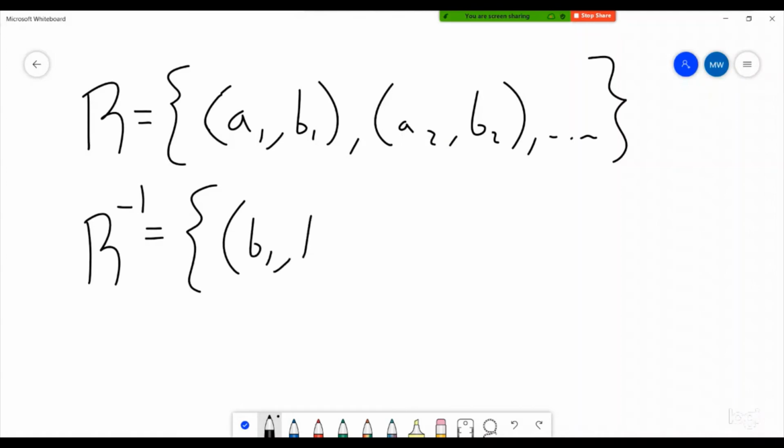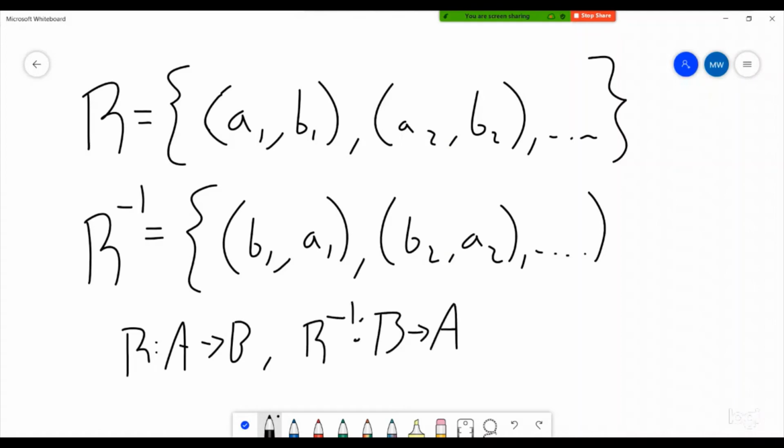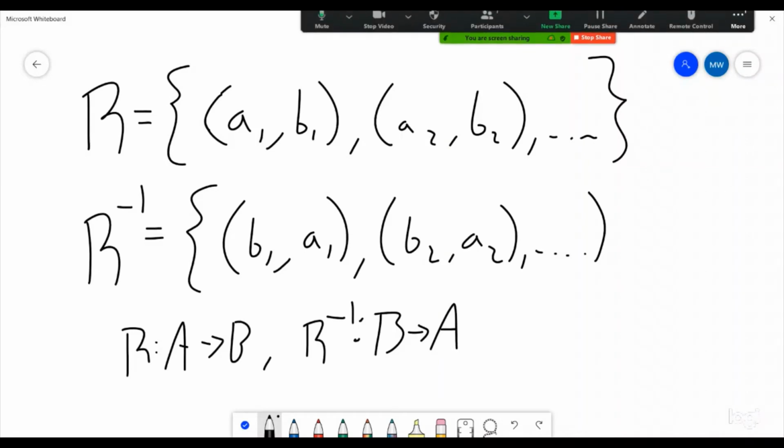So it's going to be the pair B1, A1, then the pair B2, A2, and so on. So if R goes from A to B, then R inverse is going to go from B to A. So that's what an inverse relation is.